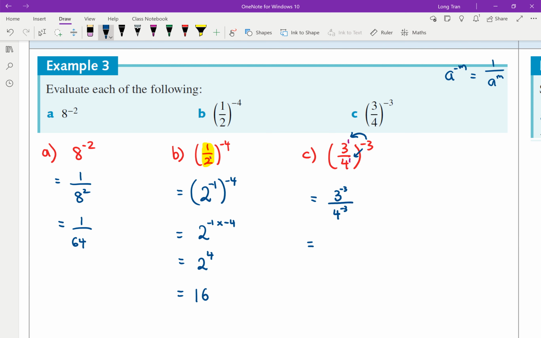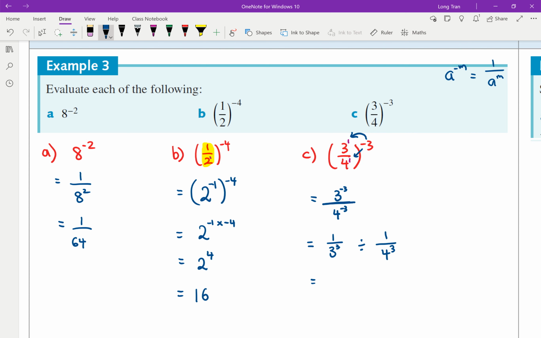So from here, how do we evaluate them? Again, you can write them out individually. 3 to the power of negative 3 is the same thing as writing 1 over 3 cubed. And remember, there's that symbol here, which means divide. So I'm going to divide that with 4 to the power of negative 3, which is the same thing as writing 1 over 4 cubed.